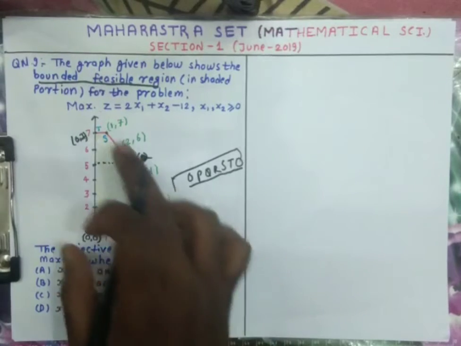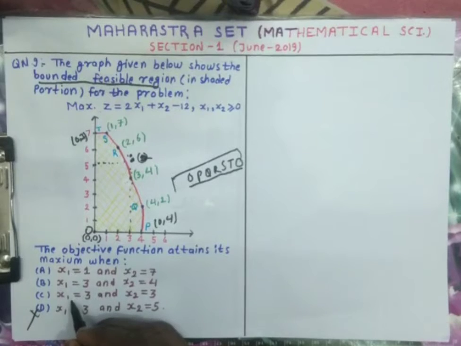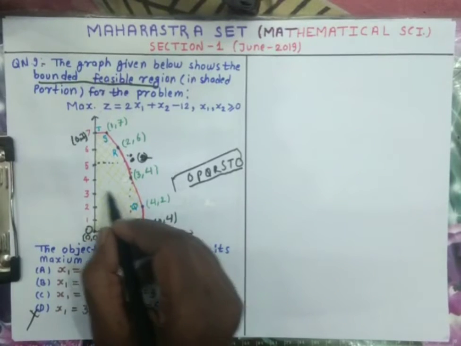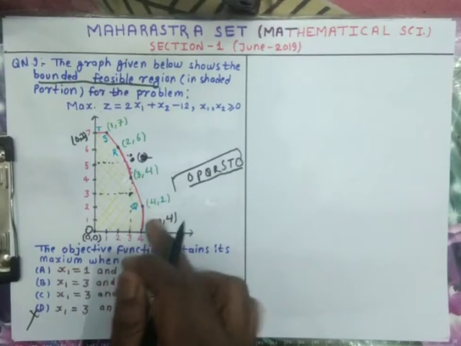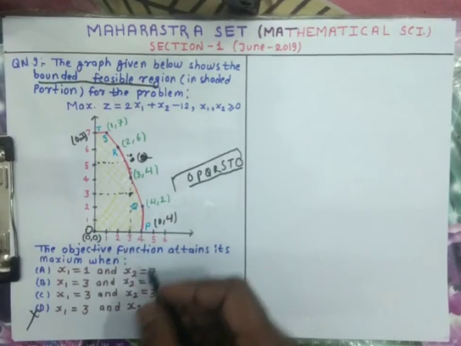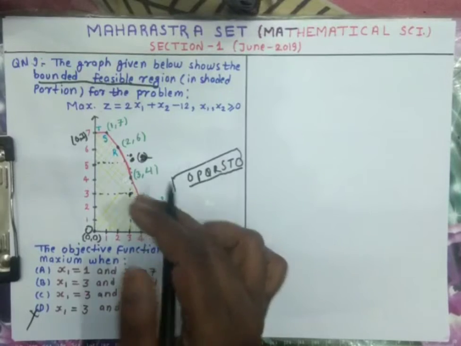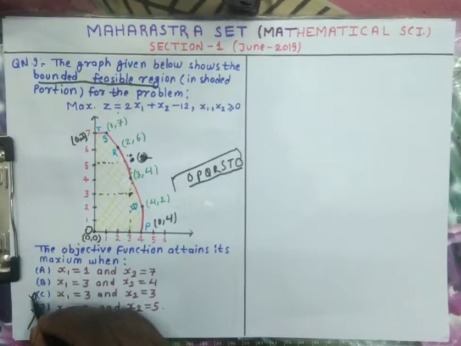So option D is wrong. Similarly, option C says x1 equals 3 and x2 equals 3, and that point lies inside the bounded feasible region, so it is not an extremum point for this LPP. So option C is also wrong.